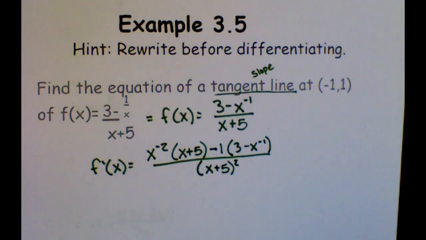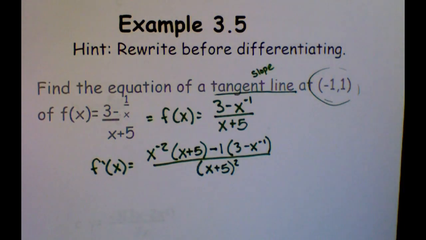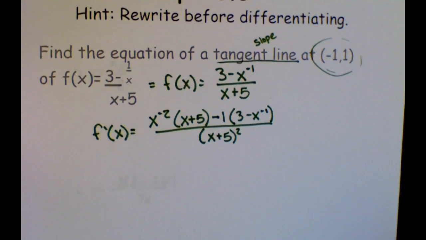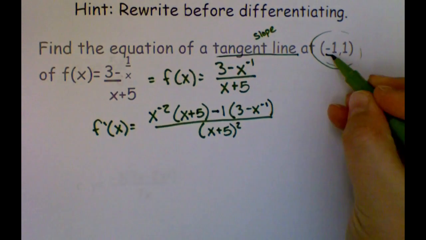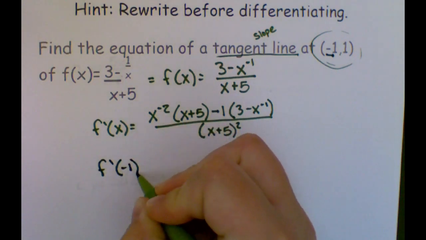Now this is one problem where I do not recommend simplifying it because I have to plug in this point. So I don't need to bother simplifying. I'm going to have to simplify when I plug in the number anyway. Notice that my derivative only has x's in it, so I only need to plug in the -1. So we're finding f prime of -1.